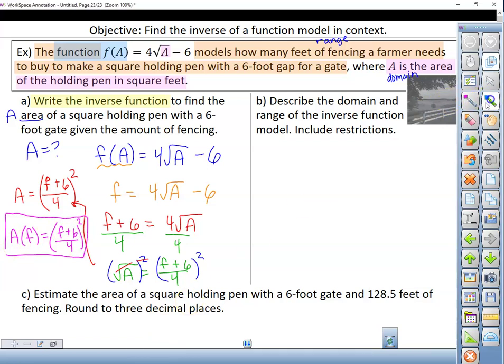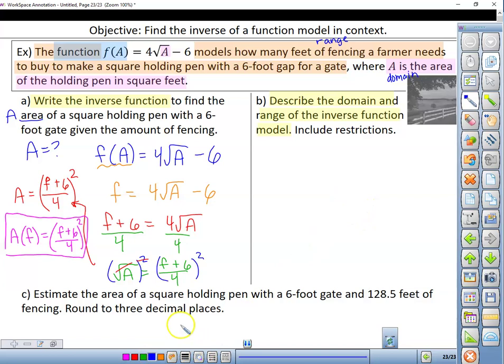All right, so now in part B, we are looking at describing the domain and range of our inverse function model and including restrictions on the variables. So that's why I can go back up to here, what I was talking about and identified earlier.